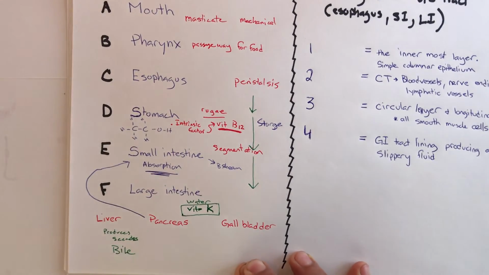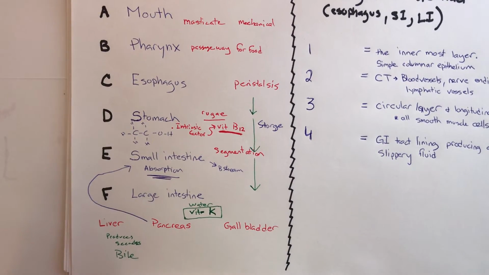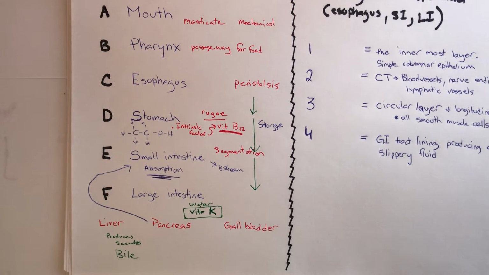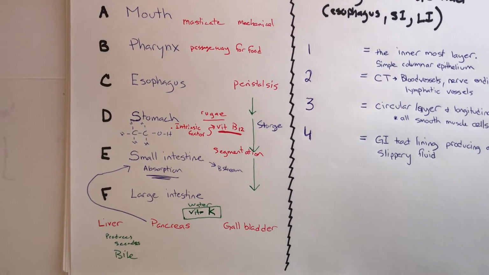This is a fluid that emulsifies fats. When we consume fats all the time, lipids all the time, through animal products, through plant products, peanuts, bile is there to help emulsify those fats.